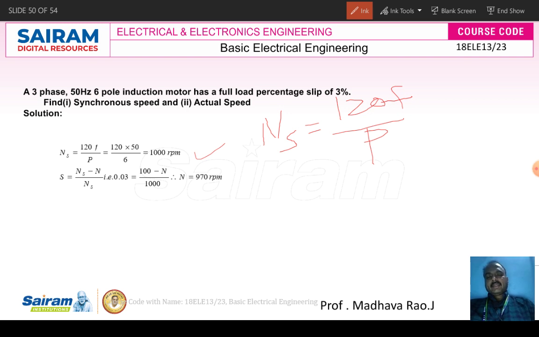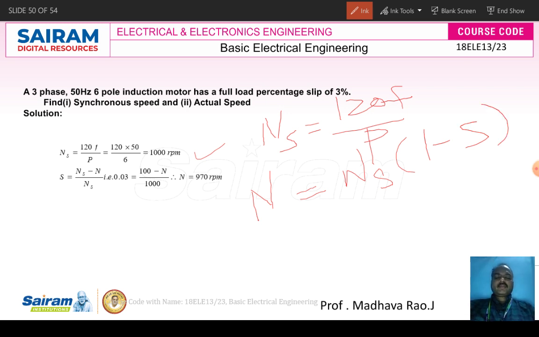Coming to the actual speed, the formula is N is equal to Ns into 1 minus S. Directly we can get the N value with this formula, instead of calculating from the slip. N is equal to 1000 into 1 minus 0.03.